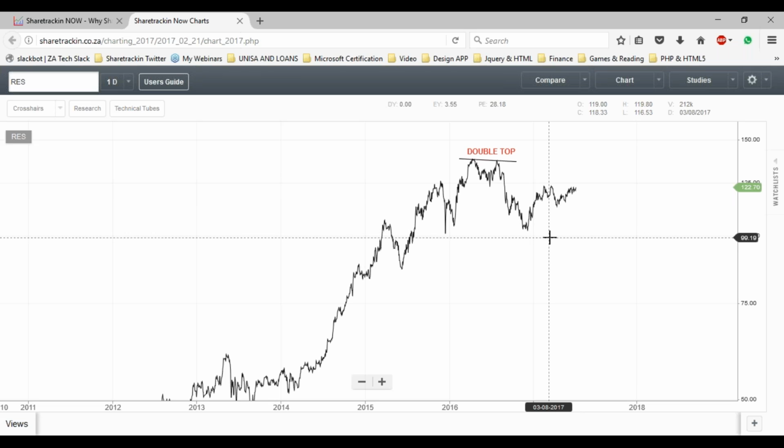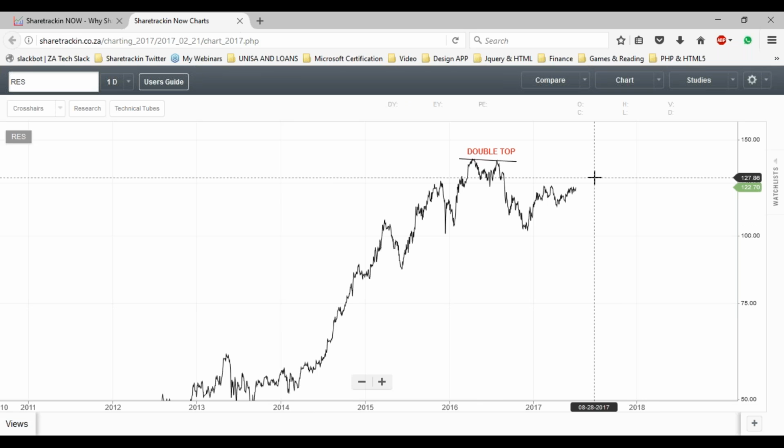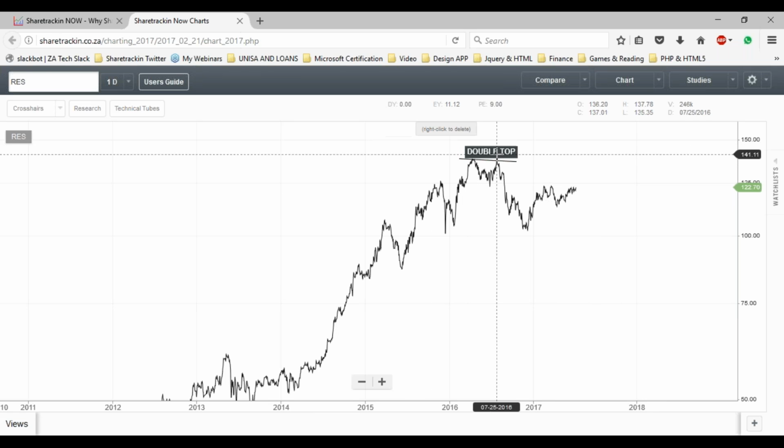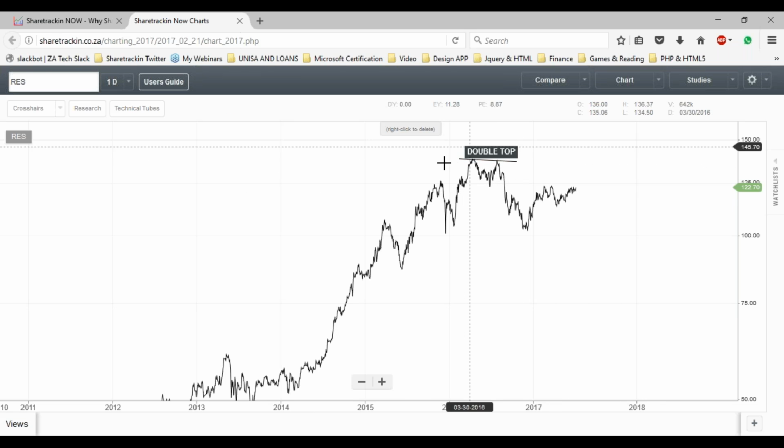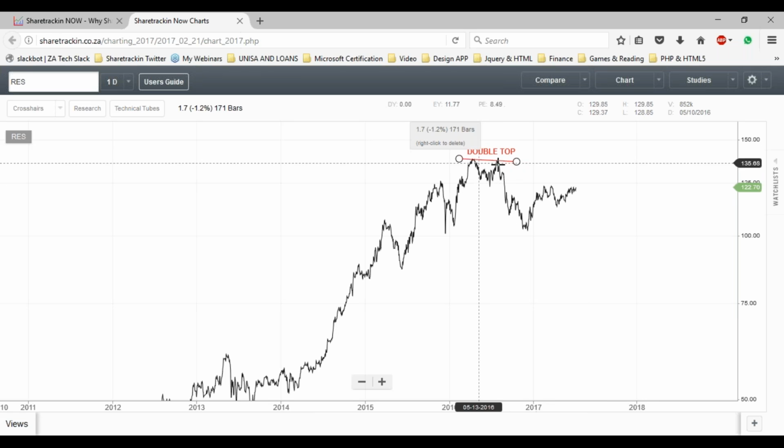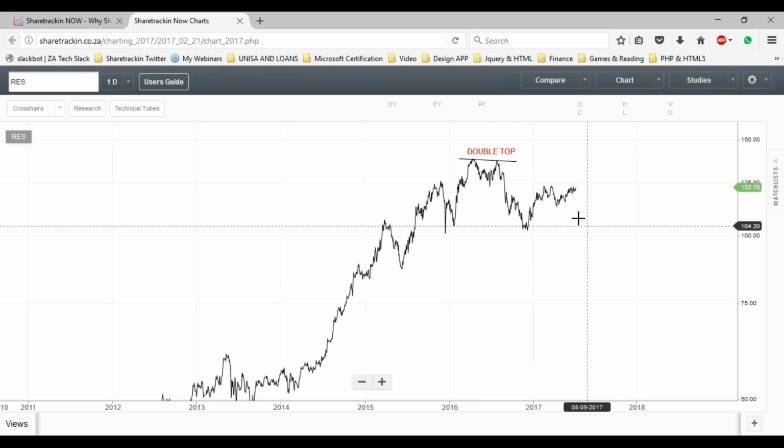If there is a strong triple bottom, it means that there's strong support at that specific level, whichever it might be, and the triple bottom or the double bottom would then signal a strong upwards movement in share prices, which is to follow. So that's always a really good indication to look forward to. So if you were invested in Resilient and you saw this double top forming, this would already give me red lights, giving me an idea that the share price is going to pull back, and that basically did happen in the share price.